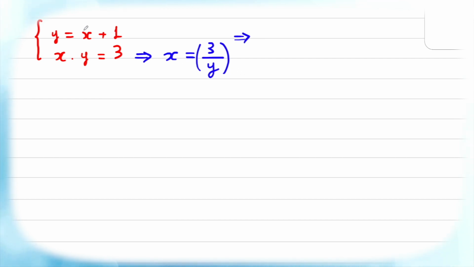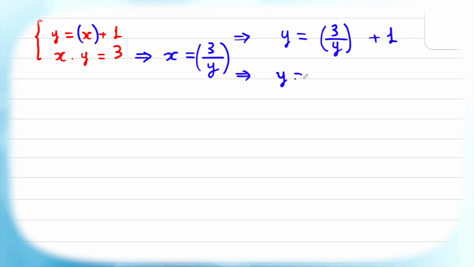Because we have the equation of x here, x equal to 3 over y, substitute this one in here, and because we are using substitution, it means you should put that into the bracket, and then you got y here substituted for x. I mean 3 over y here has to be inside the bracket, and plus 1 here.